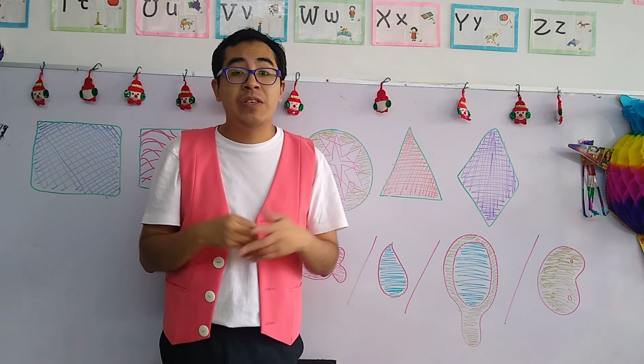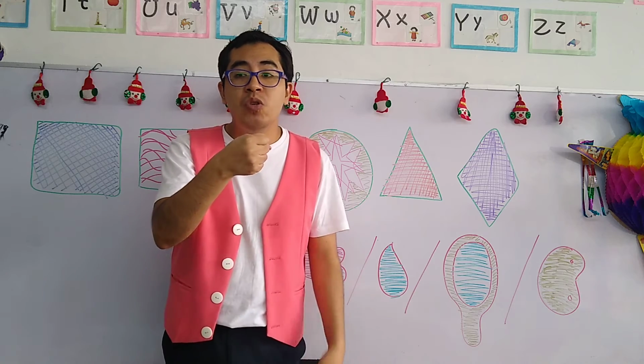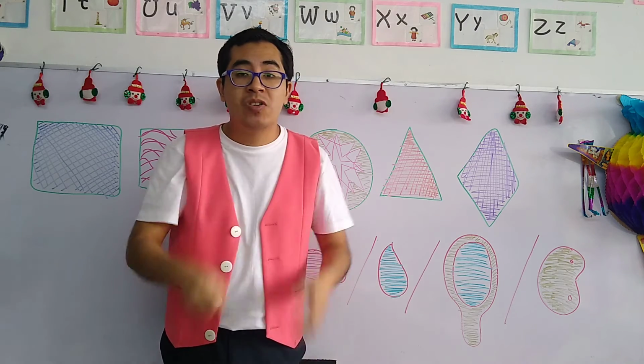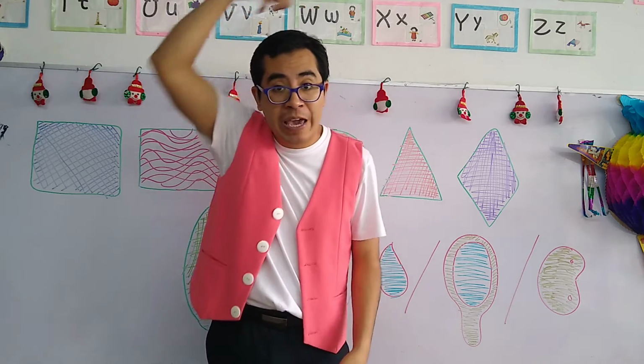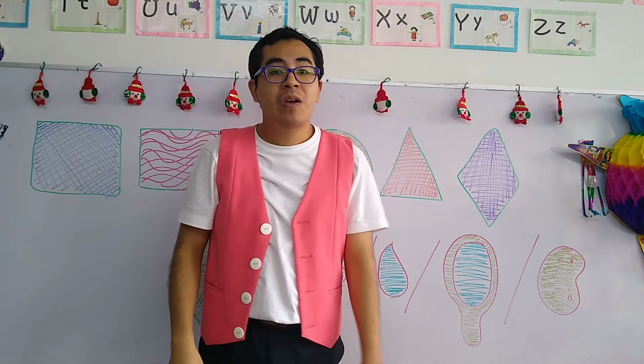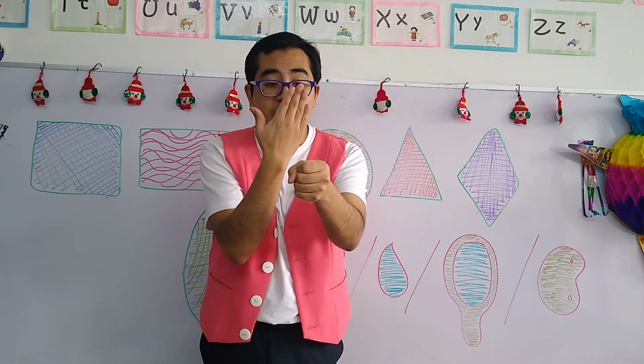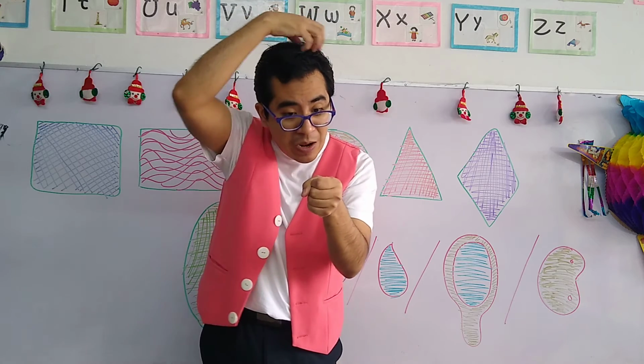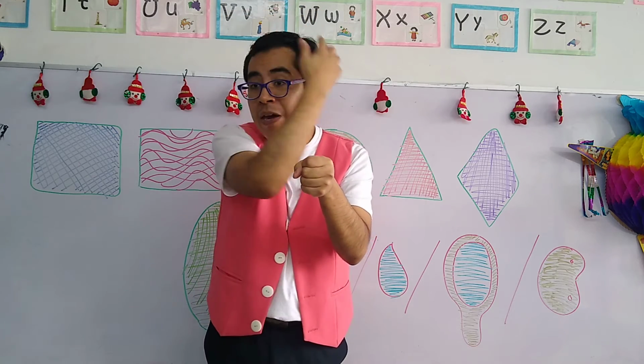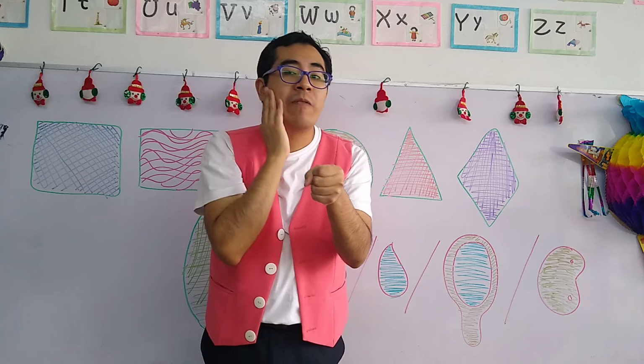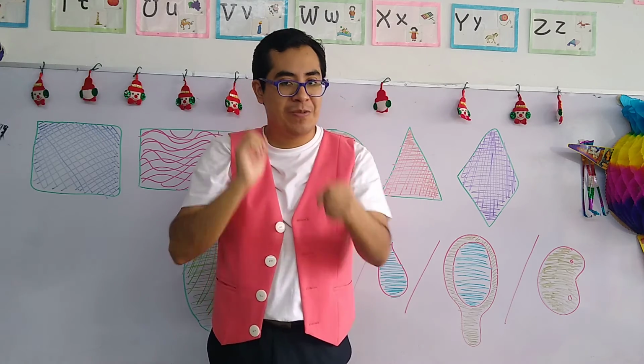Now a mirror, it's an object that we use to see our face. For example, if we want to comb our hair, si nos queremos peinar, we grab a mirror so we can see our reflection and then we can comb our hair or look if we are pretty today, okay?